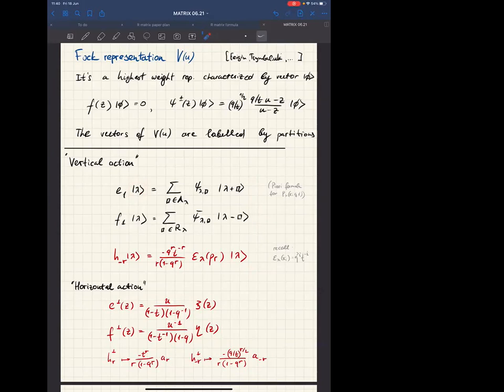And now, this action is called the vertical action in the literature. There is also the horizontal action, which is the action of the operators with this perpendicular superscript. I write this action using generating series, and it's done with the help of those vertex operators that I introduced earlier.